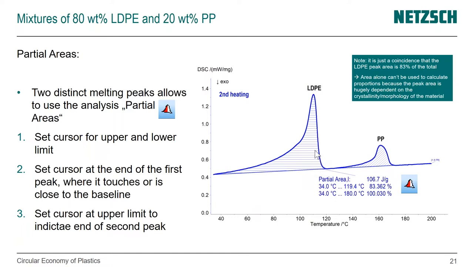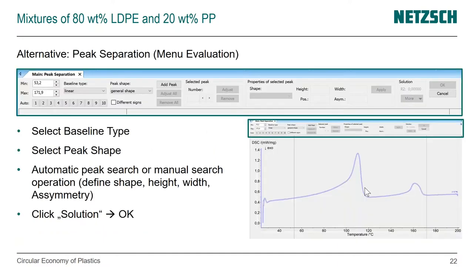So we click on the partial areas function, set the cursor for the upper and lower limit, so that would be here and here, and then we set the cursor at the end of the first peak, and then it calculates the percentage that the first peak contributes to the whole area. Then we set the cursor at the upper limit, and this is now 100%, so we know that roughly 17% is PP.